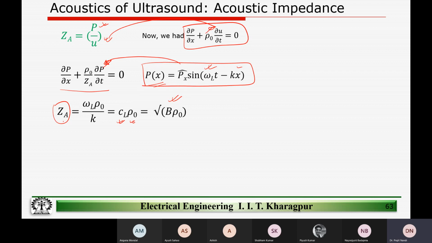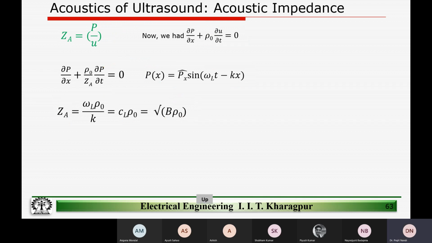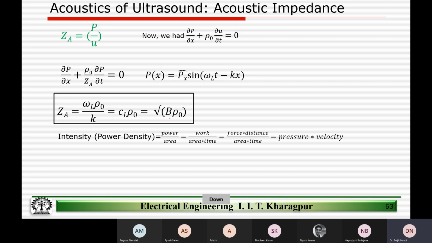So we are using this relation to come up with an equation to relate the acoustic impedance of the fluid with a fundamental property of the fluid itself, which is, let's say, the bulk modulus and the density. So this is what ZA is. We'll take this understanding that the acoustic impedance offered by the fluid is a characteristic of the fluid given by this. Now, what is intensity?